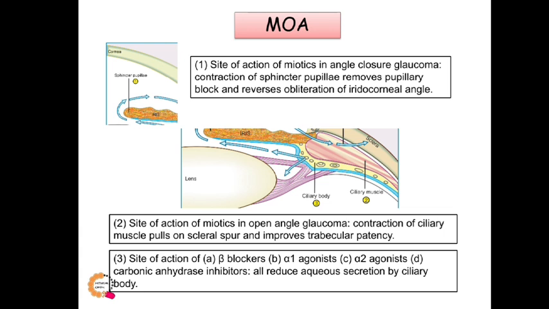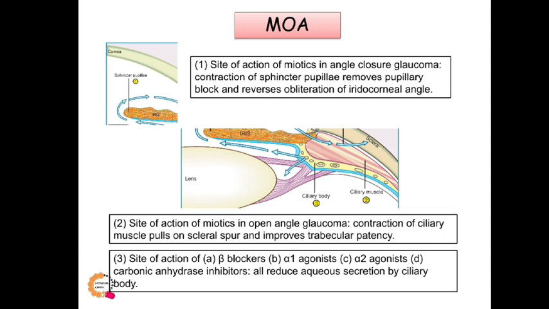Here in the sphincter pupillae, as I told you, this region comes in contact with the lens and stops the flow of aqueous humor, and this iris also bulges so that it narrows the iridocorneal angle, so the aqueous humor can't reach the trabecular meshwork and it creates pressure.